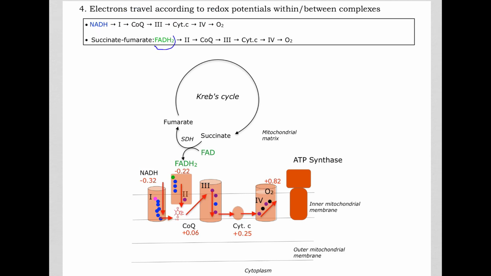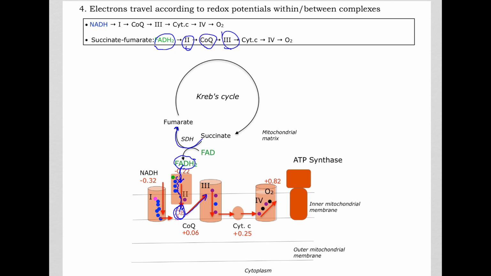The FADH2 that is produced in the succinate to fumarate reaction of the Krebs cycle enters complex 2. It is closely associated with complex 2. Those electrons go through the various redox centers of complex 2, and then coenzyme Q once again picks up these electrons from complex 2 and sends them to complex 3.